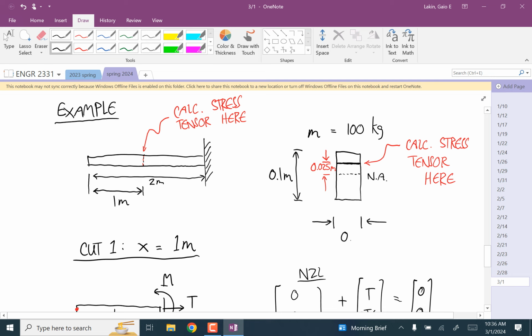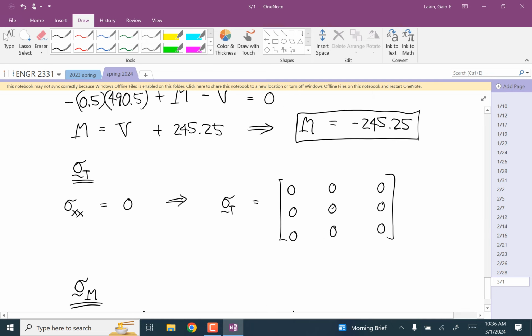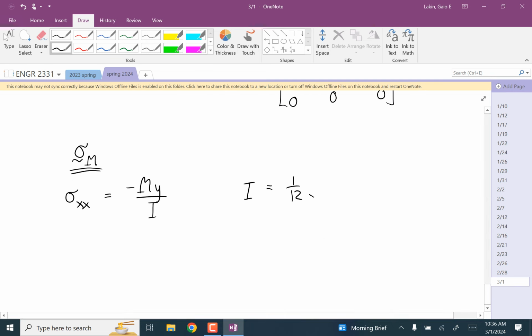This is 2 centimeters. So 1/12 times 0.02 times the height cubed. The height is 0.1 meters, so 0.1 cubed. And you get a value of 1.6 repeating times 10 to the minus 6.